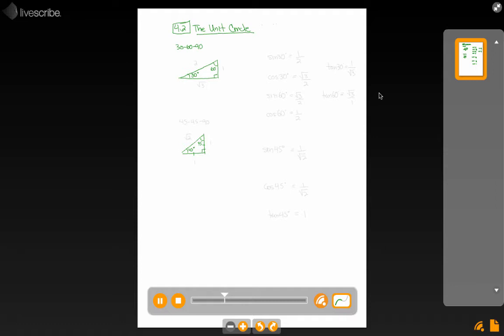And hopefully you remember a little bit about these, about the ratios involved, and you can fill in some sides here. If you have these sides, it would allow us, for example, to know exact values for what sine of 30 degrees is going to be, opposite over hypotenuse, 1/2.